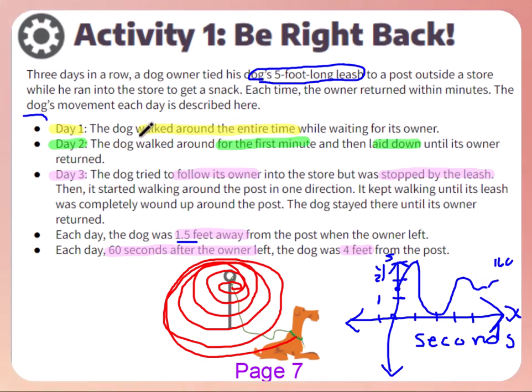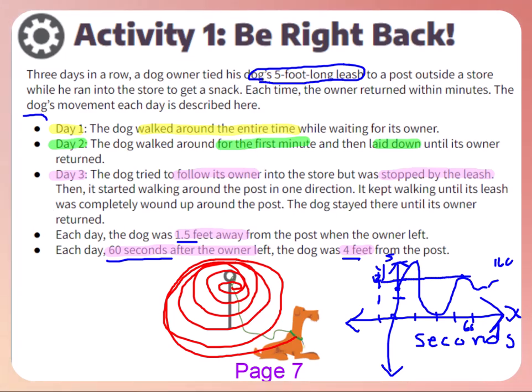But one thing I didn't put on here is that at 60 seconds, the dog was 4 feet away. So I'm going to say this is 60, and this should be at 4. Now I didn't do a really good job of that.